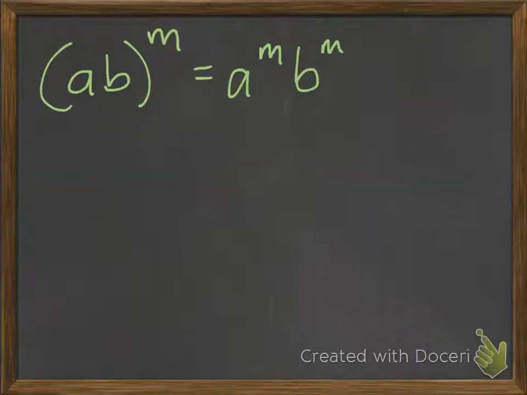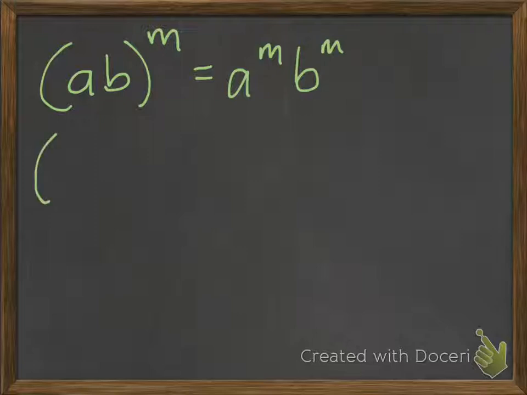So the next rule is very similar to that one. I think we actually talked about that one in the last video. Here we have the product of A and B. Notice A and B are different bases. So I'm going to have two different bases in parentheses, and the whole thing is raised to the power of m. When that happens, it's the same thing as saying A raised to the nth power and B raised to the nth power.